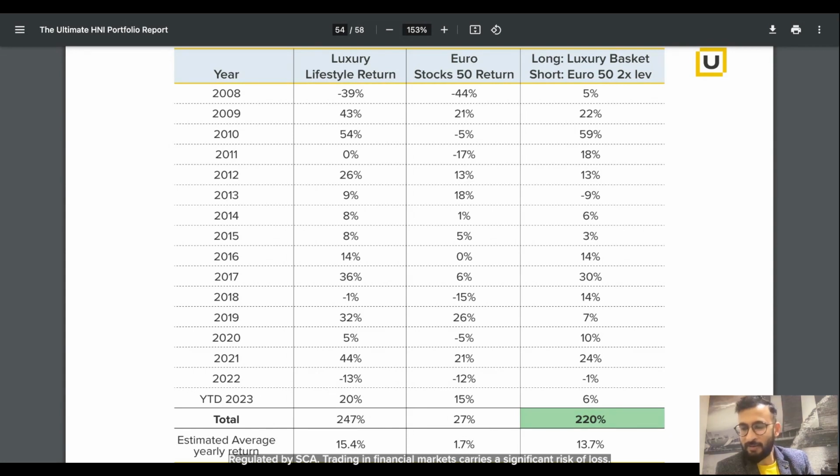As you can see, in the last 16 years, out of 16, 14 times luxury lifestyle has outperformed year on year with Euro stocks.